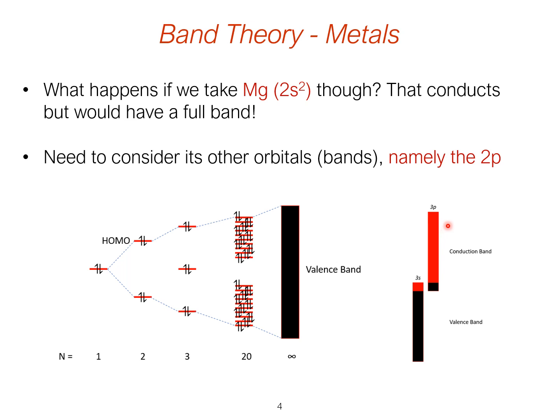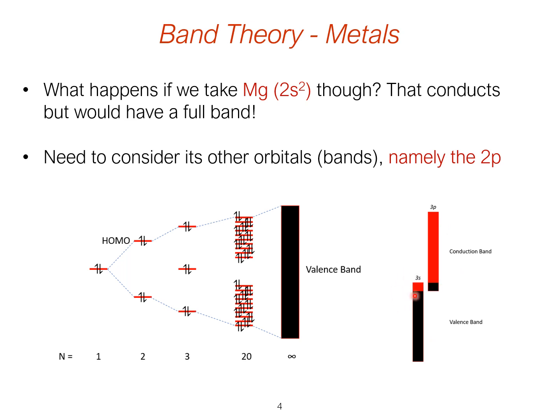So I've got the 3s and the 3p bands here. The 3s one, we were saying, should be completely filled, but the 3p band actually is quite low in energy. The 3p orbitals are quite similar in energy to 3s. When you make these bands, they actually overlap, and the bottom of the 3p band is lower in energy than the top of the 3s band.